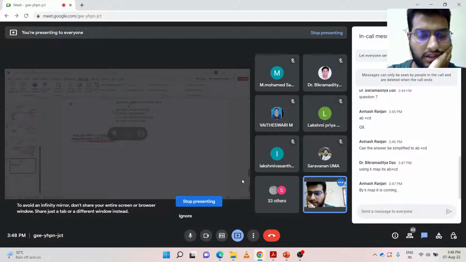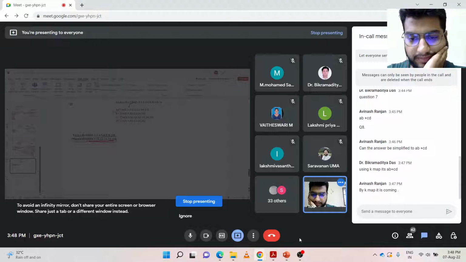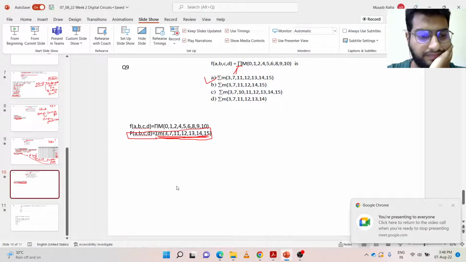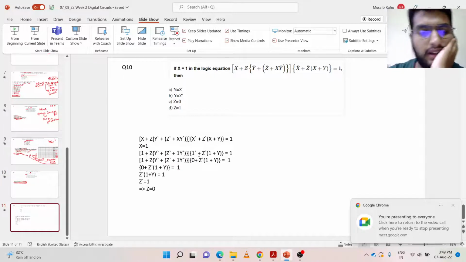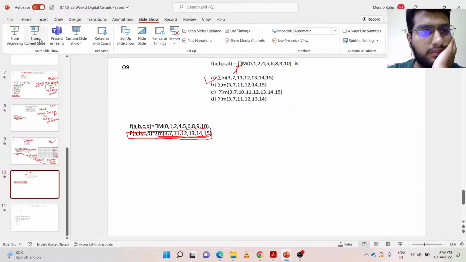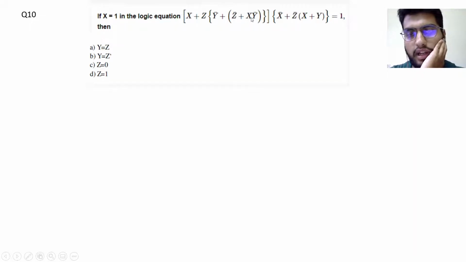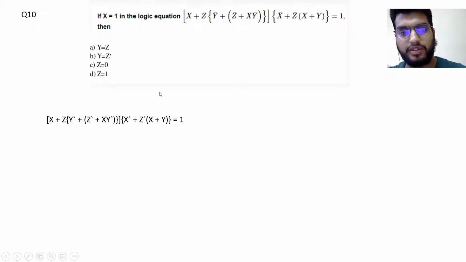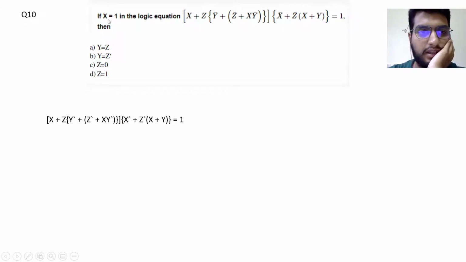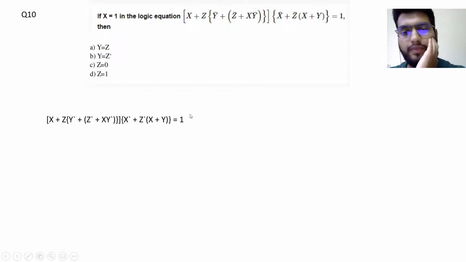Now moving on to the last question, question number 10. It asks: if x equals 1 in the logic equation (x or z) and (y complement or z complement or xy complement) and (x complement or z complement)(x plus y), which of the following is true? We first write the equation as it is, then plug in x equal to 1.